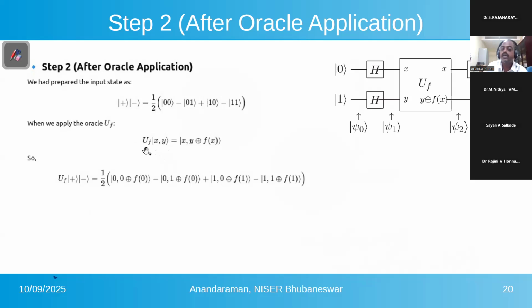The oracle is a unitary function, U of f. It is again a quantum gate, so it has to satisfy two properties: it must be unitary and reversible. Substituting, 0 is 0, x is x, and y is now 0, so y XOR f of x, where f of x is 0. Now we are simplifying like this.